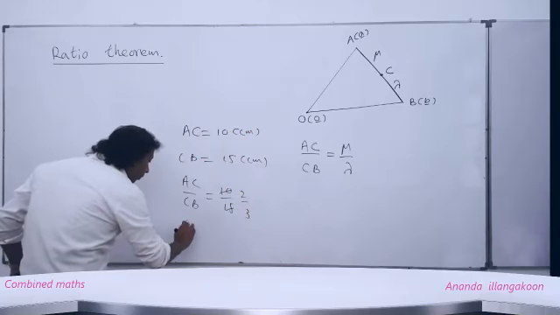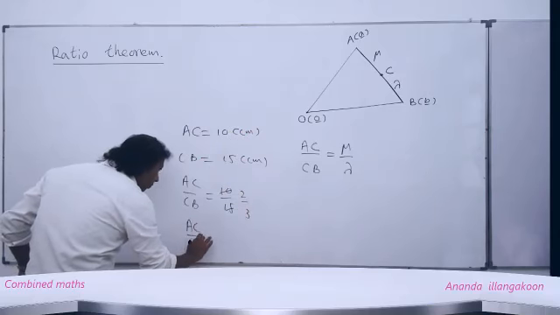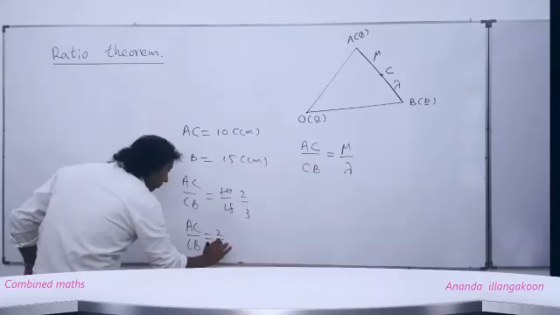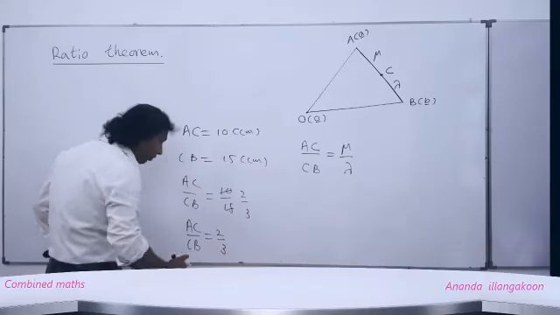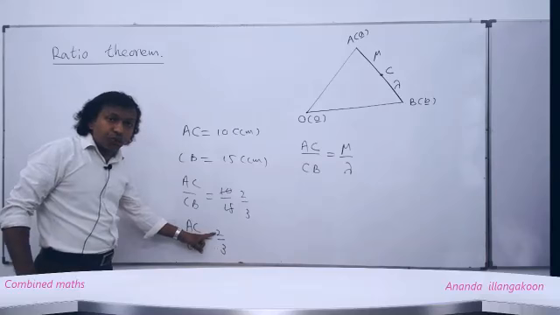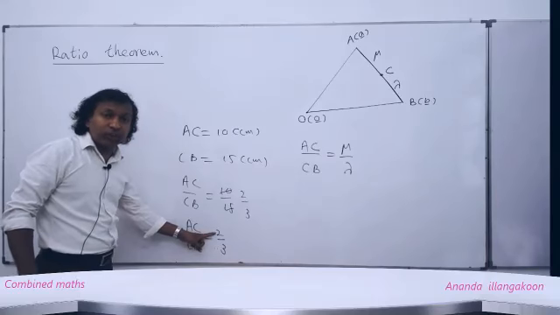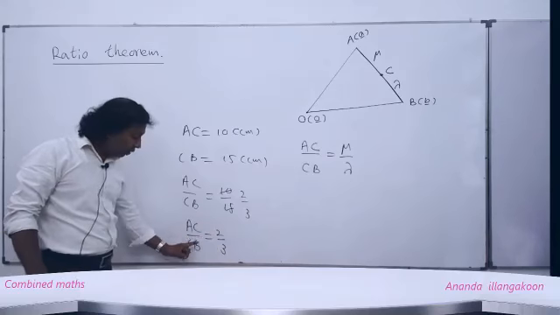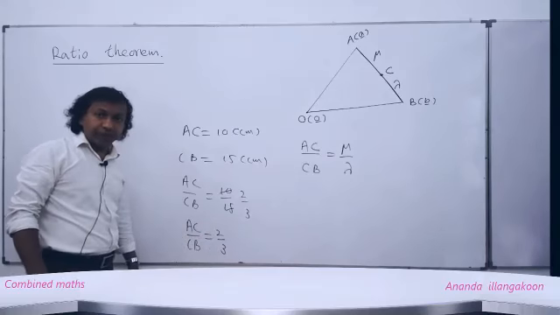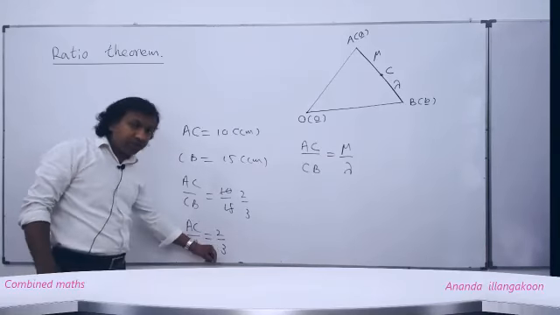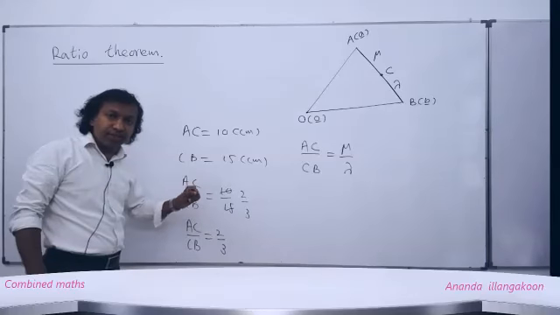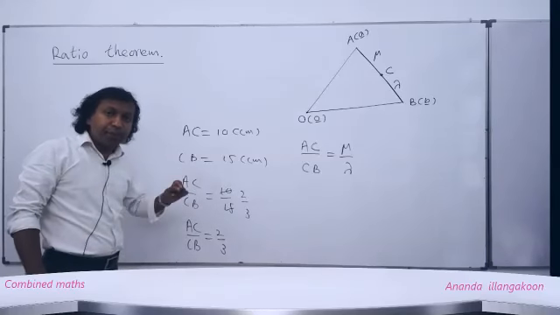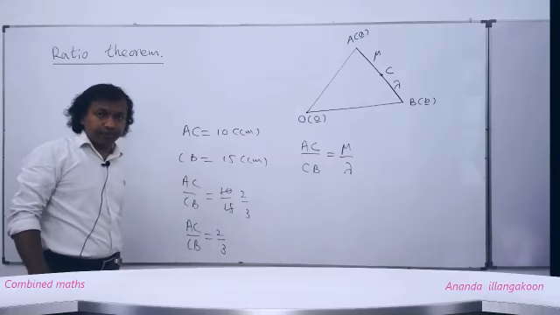Then this ratio AC divided by CB is 2 by 3. Now you can see here AC is 2 means wrong, people. Actual length of AC is not 2. Actual length of CB is not 3. Ratio means, people, this fraction we simplify till we get the simplest fraction. That simplest fraction only is the ratio.